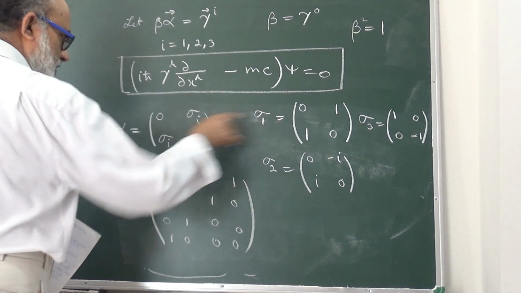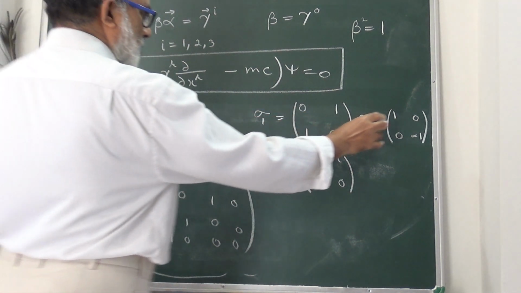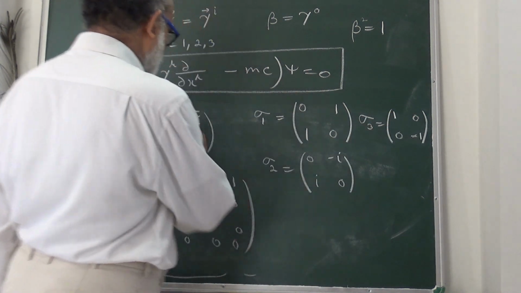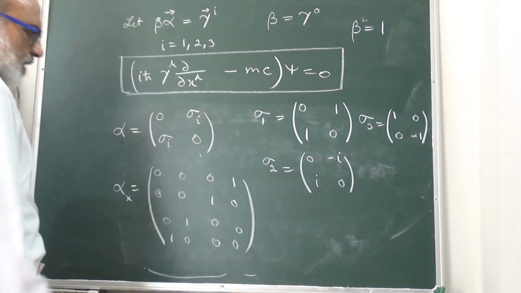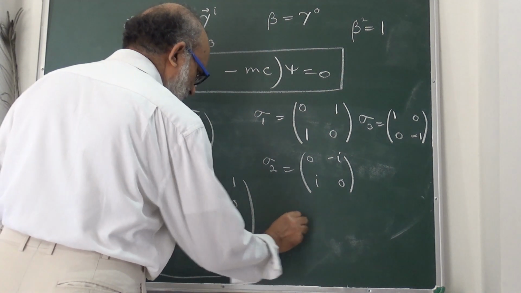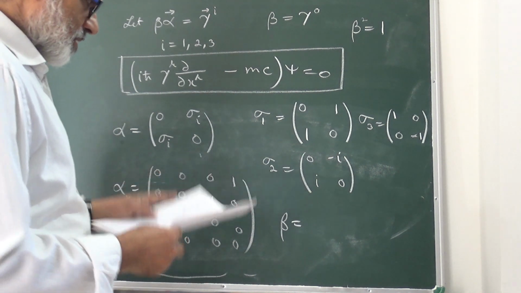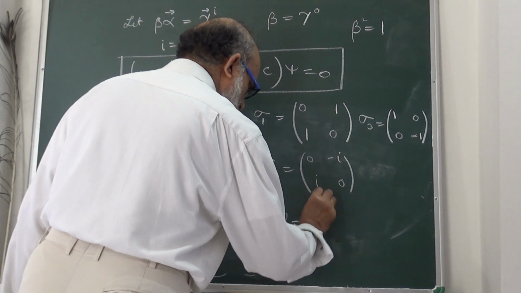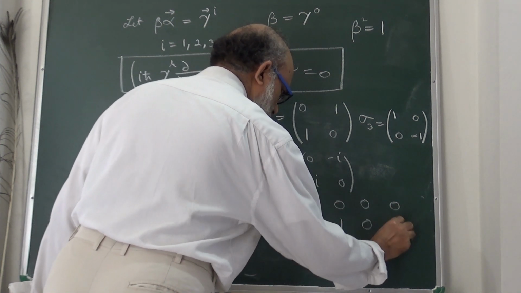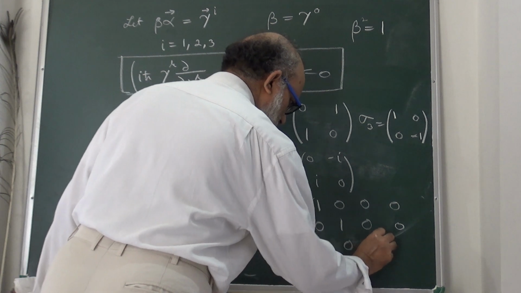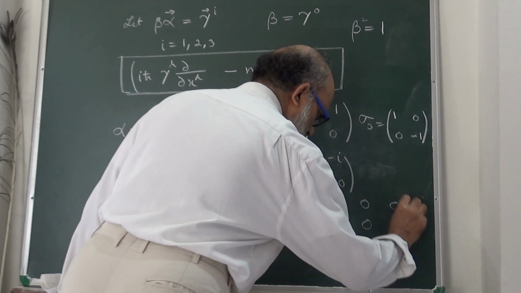Similarly, for alpha y you will use sigma 2, and likewise for the z component. And beta is also a matrix: 1, 0, 0, 0; 0, 1, 0, 0; 0, 0, minus 1, 0; 0, 0, 0, minus 1.